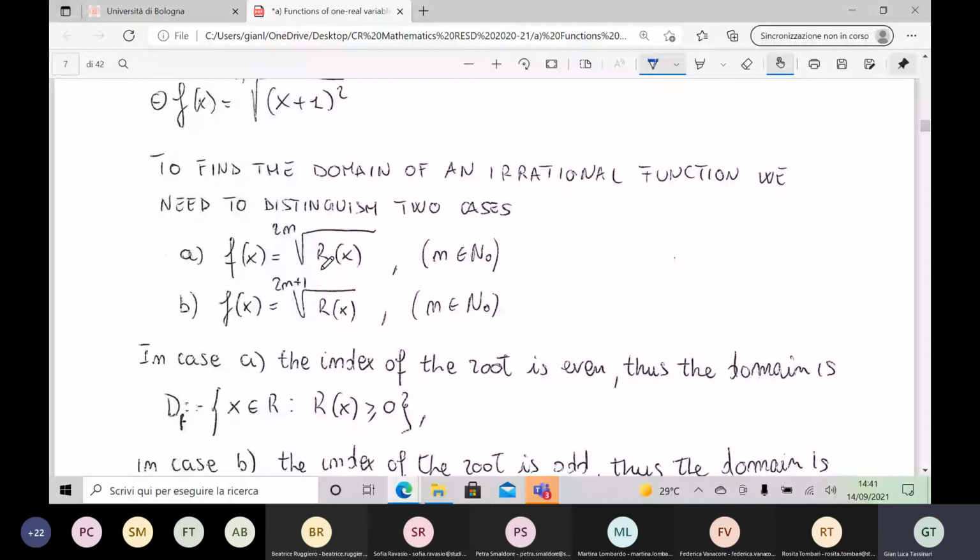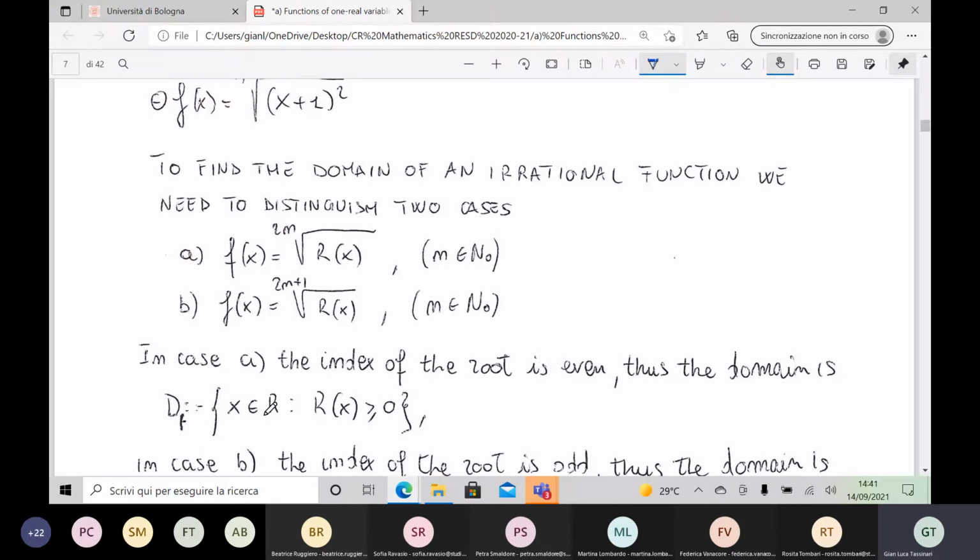Don't confuse this with that R. This is a set of the real numbers, this is a function. So the domain of f is given by all the real numbers such that the function inside the root of even order is greater or equal than 0.